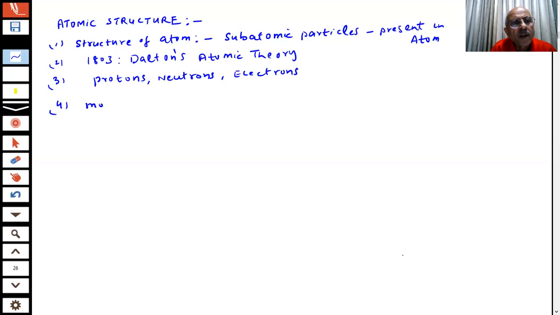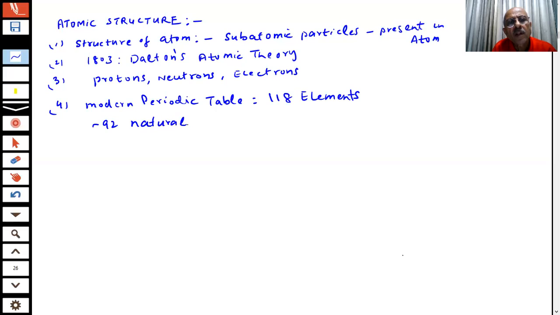In the modern periodic table, you see a list of about 118 elements. Out of these, you should know that only about 92 are naturally occurring elements.